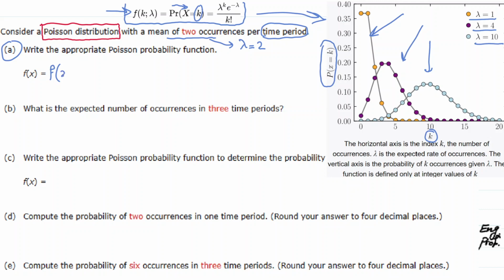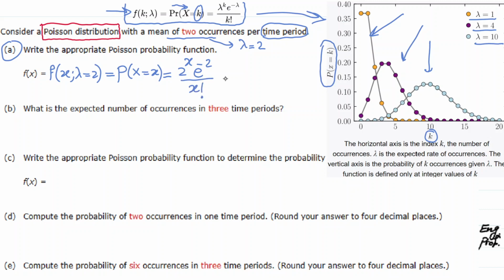So in this case, we are saying f of x instead of k, and of course the PDF is a function of lambda equal to 2, so we will have basically the probability that, let's say, x equal to whatever x value you have is 2 to the x, lambda is 2, e to the negative 2, and then divided by x factorial.